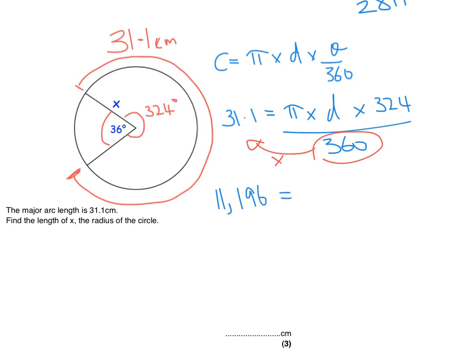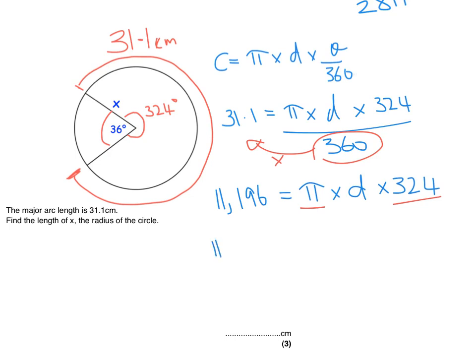So 11,196 equals pi times d times 324. I can now take the pi and the 324, and because they're all being multiplied together, I can just divide by 324 pi.